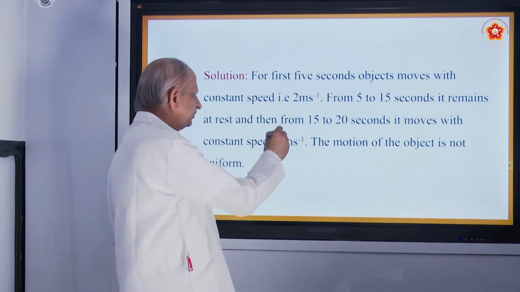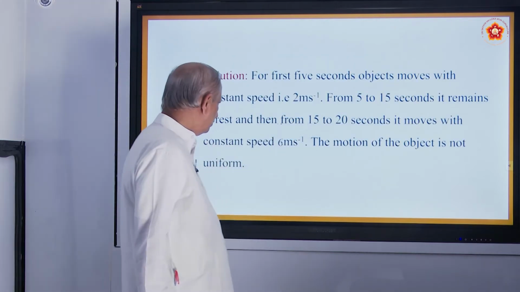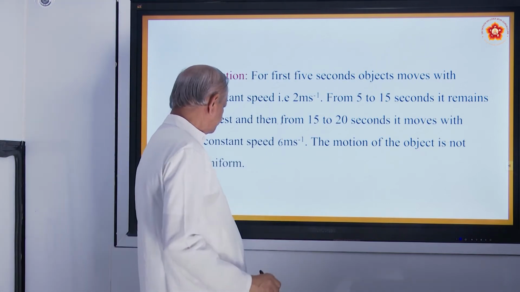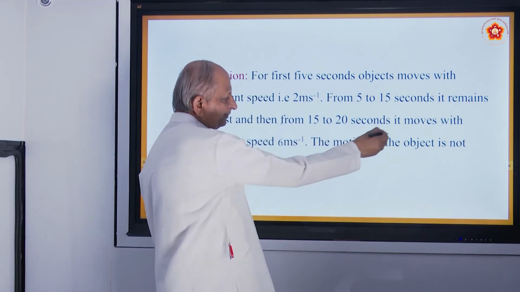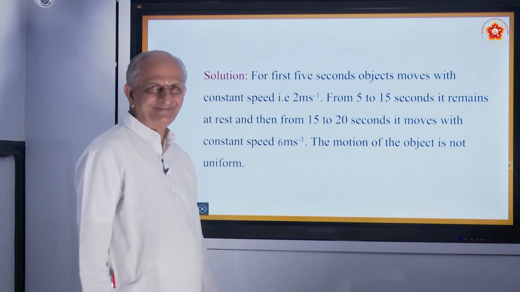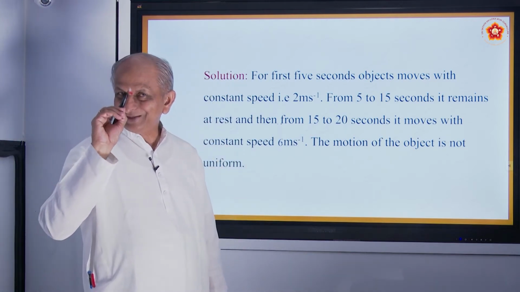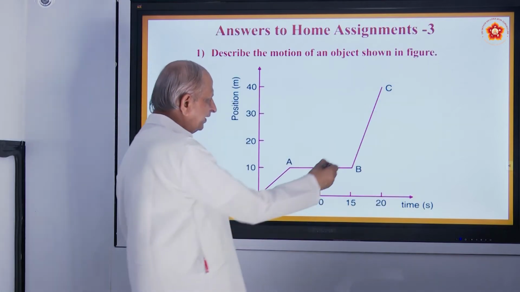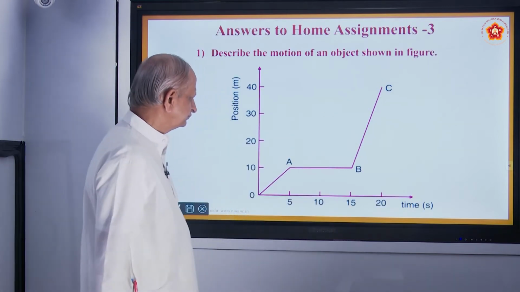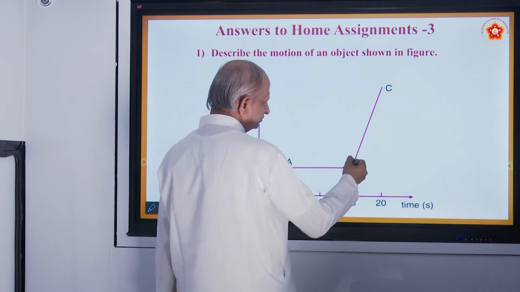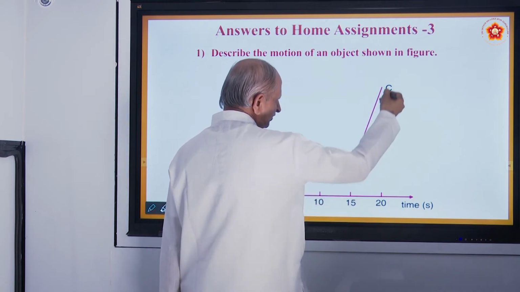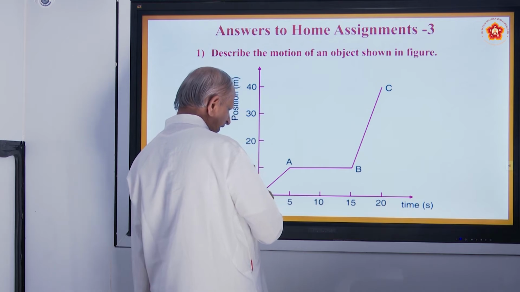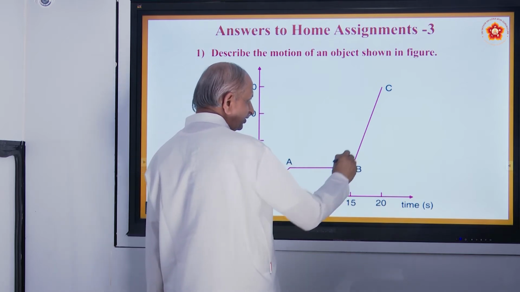And then from 15 to 20 it moves with a constant speed. So the motion of the object is not uniform. They asked to explain what kind of motion it is. Okay. So from B to C, here this is a constant speed, but starting from O there is a change in the speed.